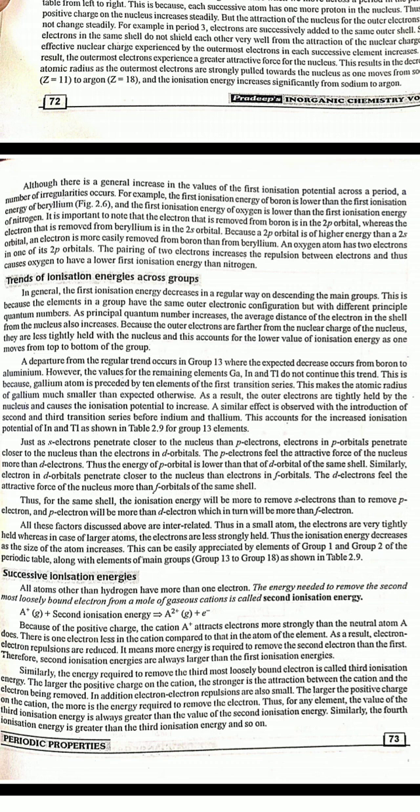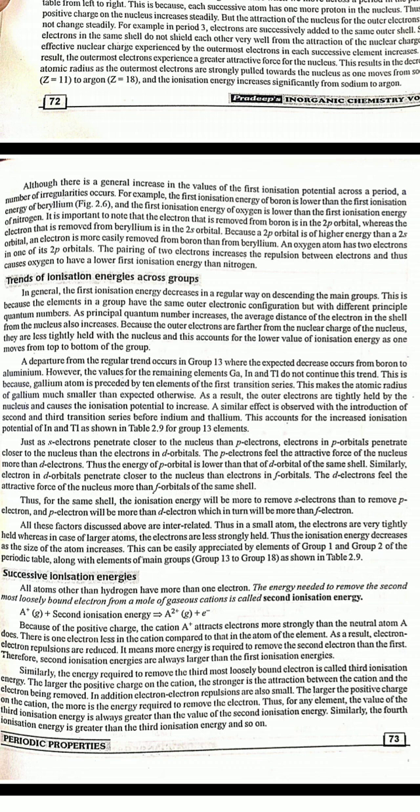Just as s electrons penetrate closer to the nucleus than p electrons, p electrons penetrate closer to the nucleus than electrons in a d orbital. The p electrons feel the attractive force of the nucleus more than d electrons. Thus, the energy of a p orbital is lower than that of a d orbital of the same shell. Similarly, electrons in a d orbital penetrate closer to the nucleus than electrons in an f orbital.